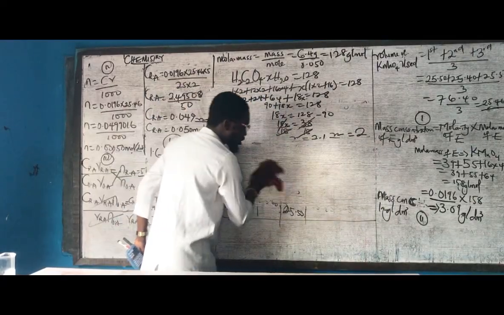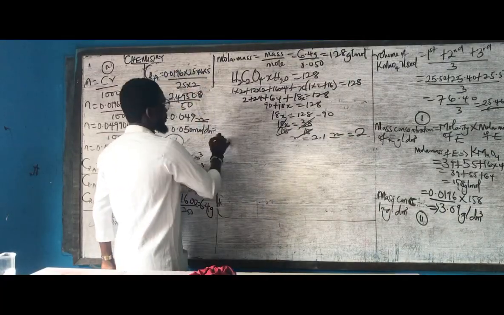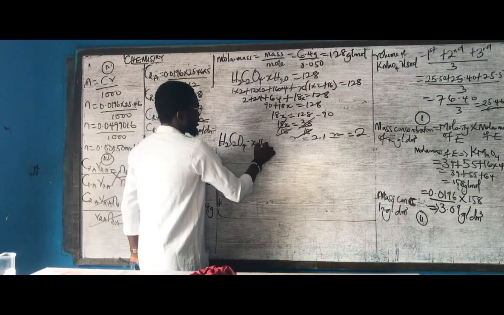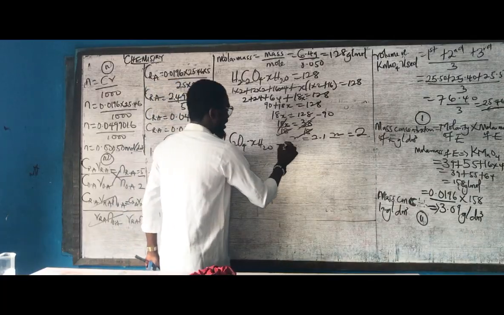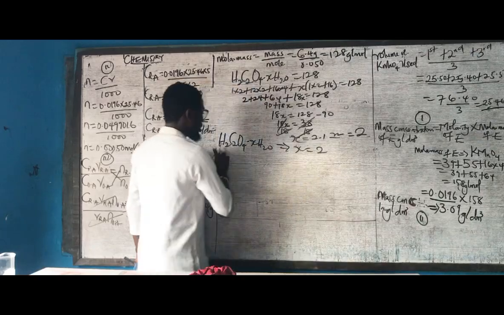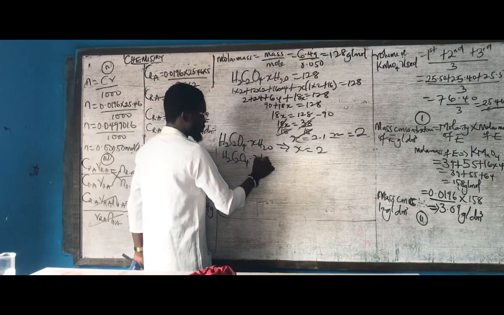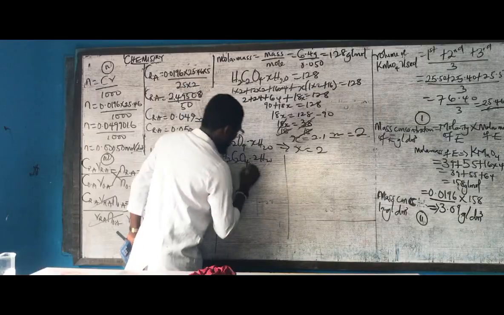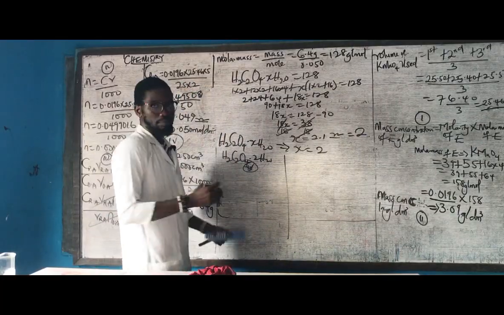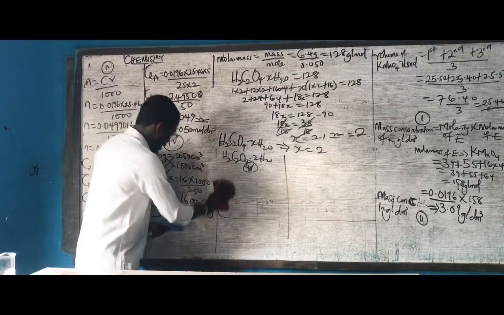The number of moles we have to calculate for initially, on our left side, we have H2C2O4. So the x here is 2, meaning this will give us H2C2O4.2H2O. Now, the next one we have to calculate for is the percentage composition by mass of water of crystallization.